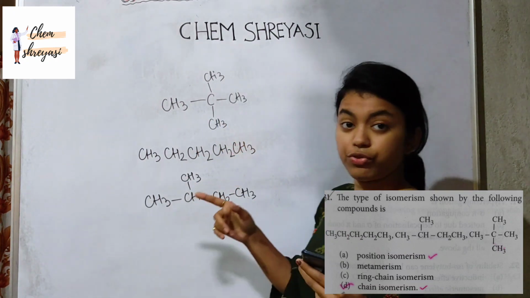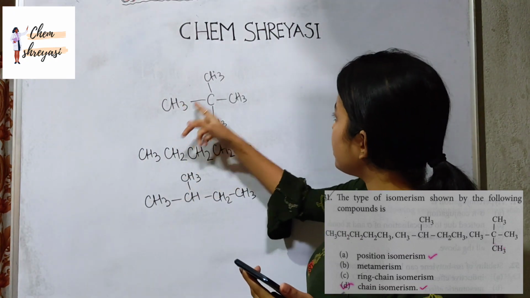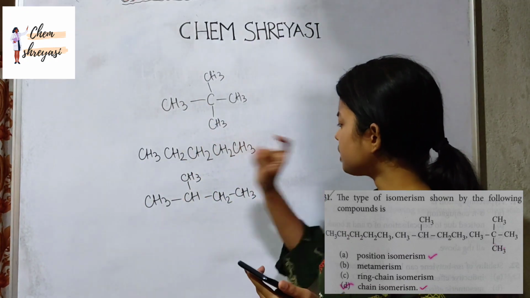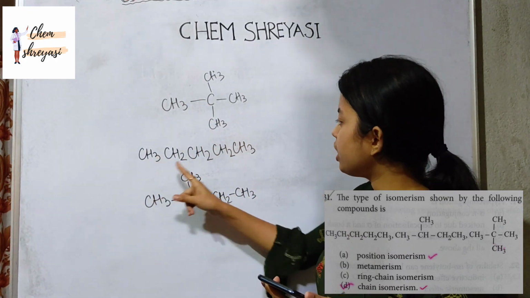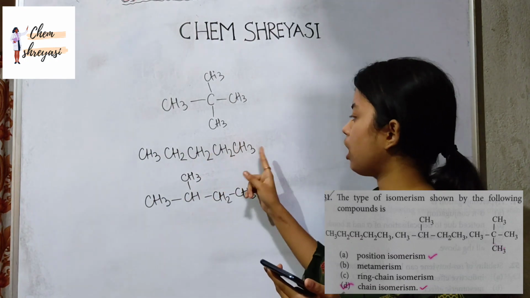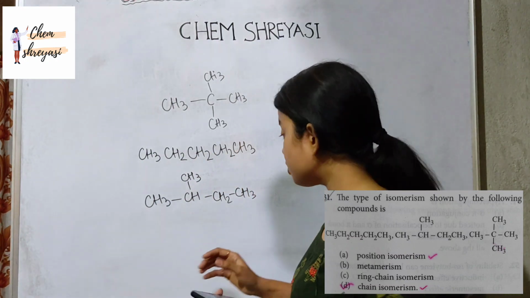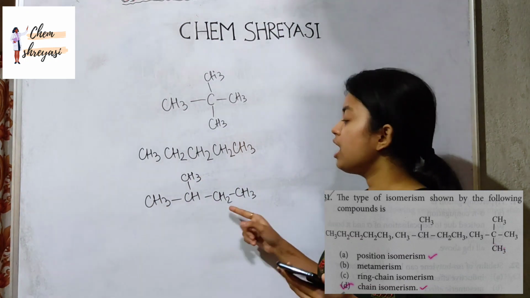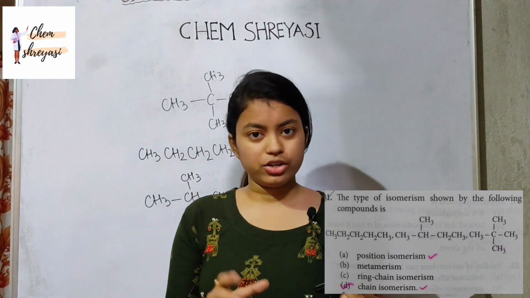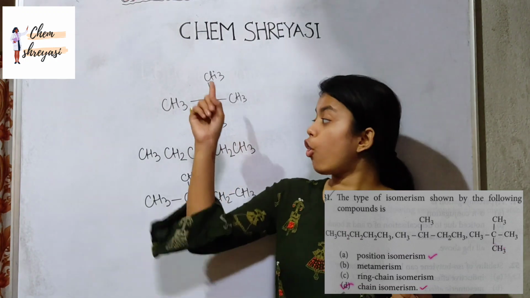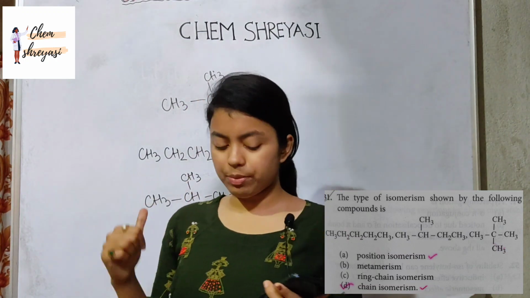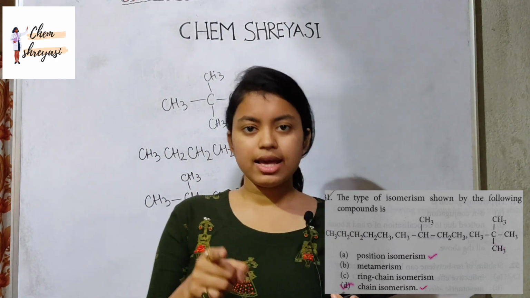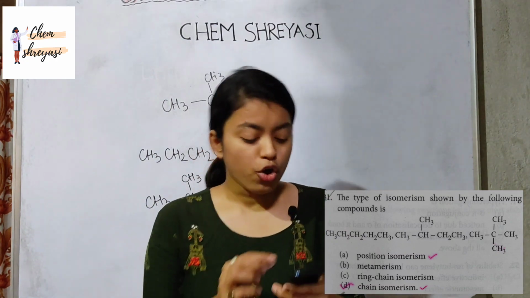Let me count the hydrogen for you. There are 3, 6, 9 and 12, so 12 hydrogen in the first structure. In the second one there are 12 hydrogens, and in this one as well there are 12 hydrogen. So we can see that all of these three chemical compounds have the molecular formula C5H12.